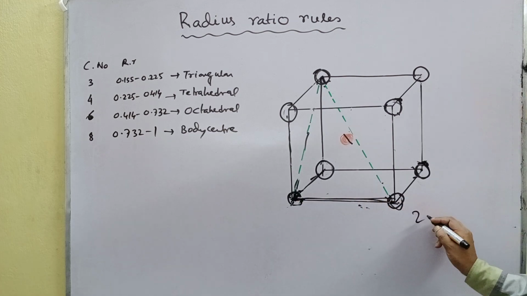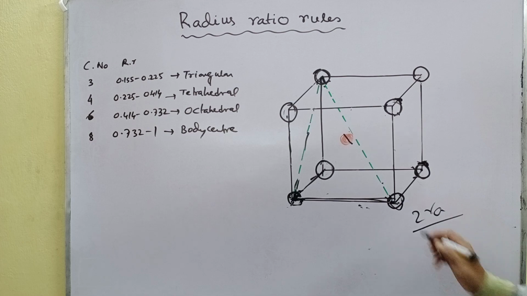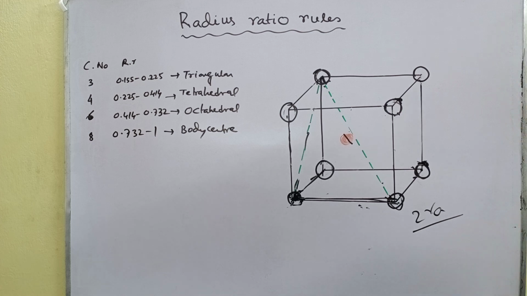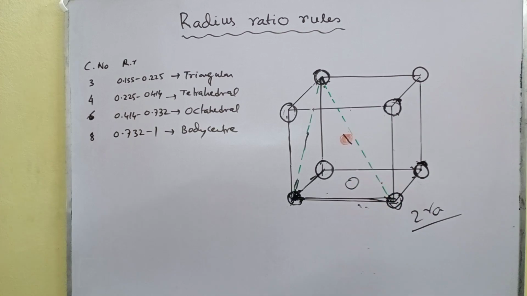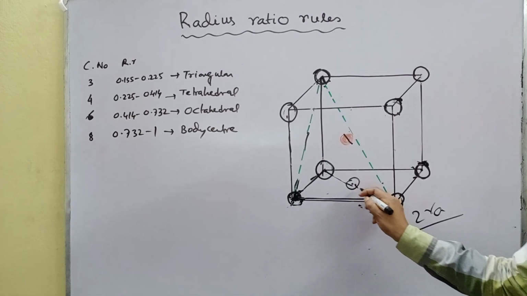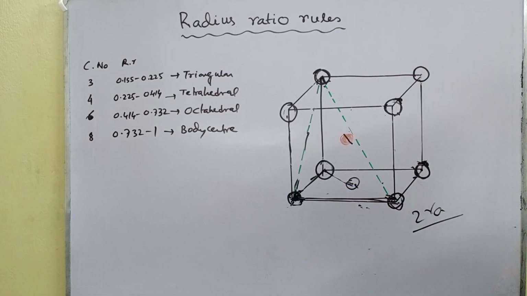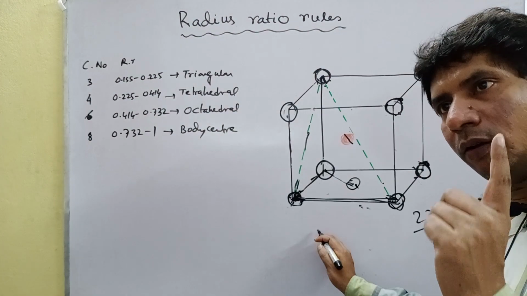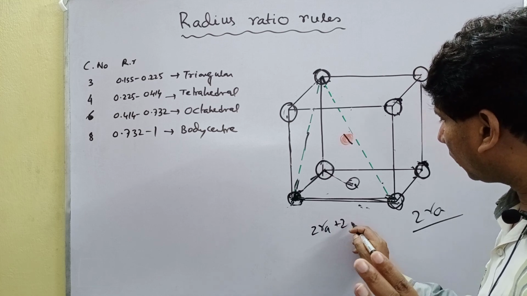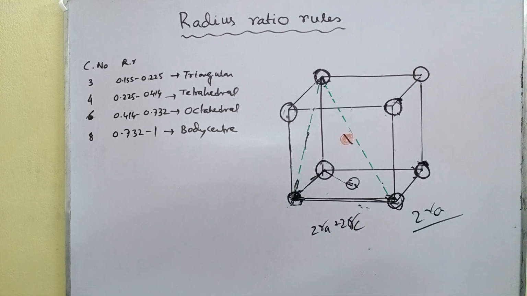A face-centered cube is also an octahedral structure, and its base, any base, is 2RA. This is anion radius, anion radius. Then what will be the hypotenuse? If this is the face, with anion, cation, anion, the hypotenuse is 2RA plus 2RC.